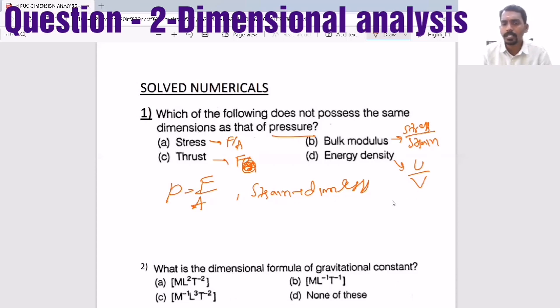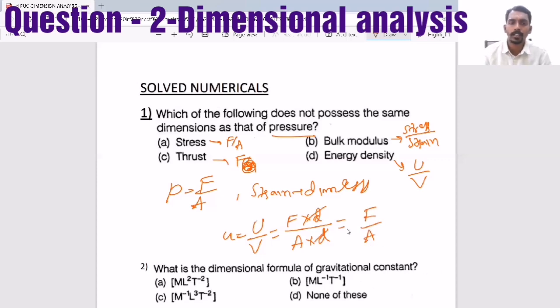But energy density means energy per unit volume, that is energy by volume. Energy means force into displacement, and volume means area into length. So it has the same dimension as force by area. So options A, B, D have the same dimension as that of pressure.